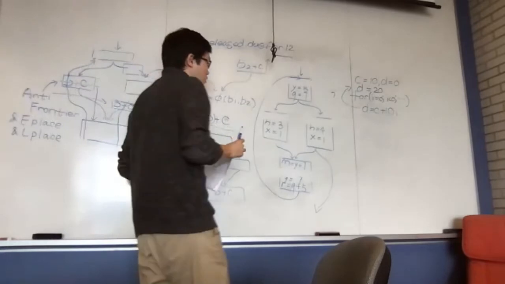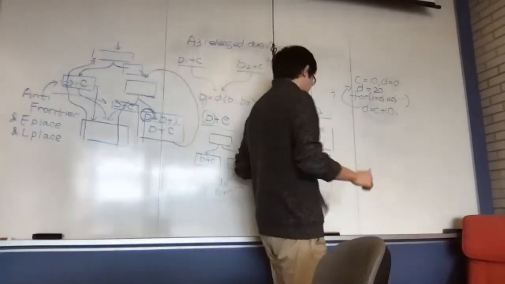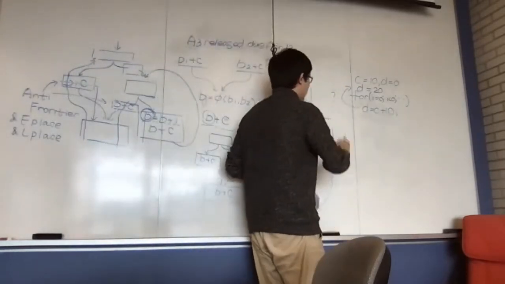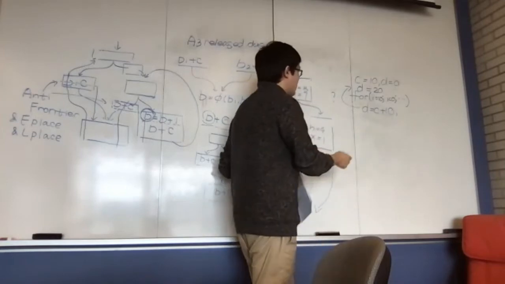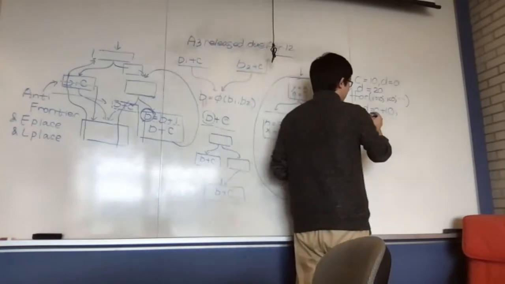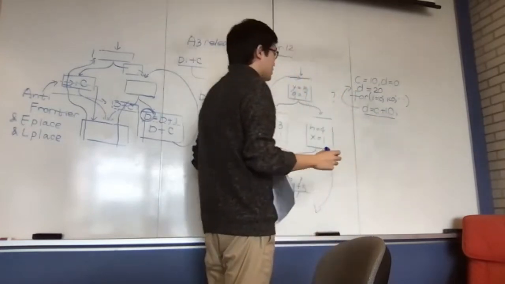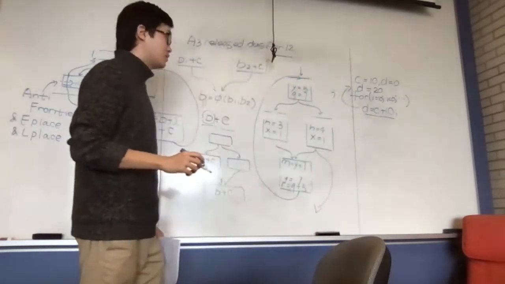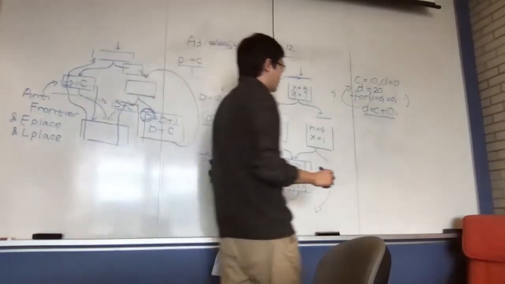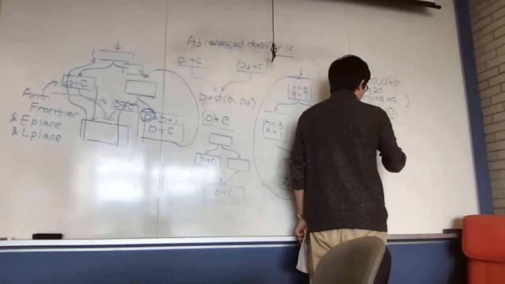We can therefore conclude that in the case when an instruction does not dominate the loop exit, it is not safe to move. The reason is that this instruction here, D is equal to C plus 10, does not dominate the loop exit.